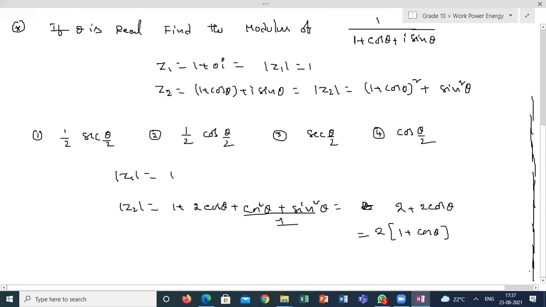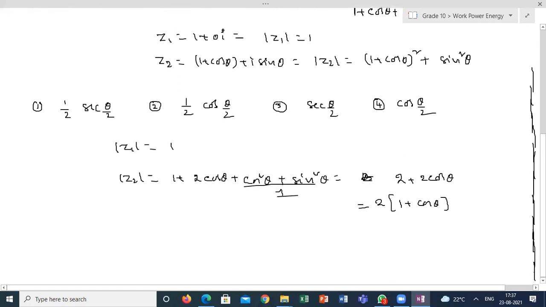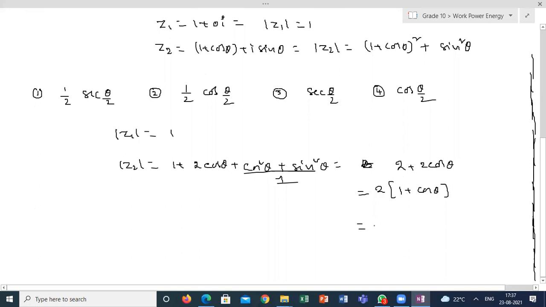What is the simplest form of 1 plus cos theta? Is it 2 cos square theta by 2 or not? Yes, sir, it is.